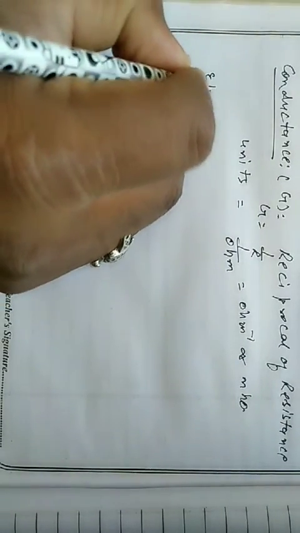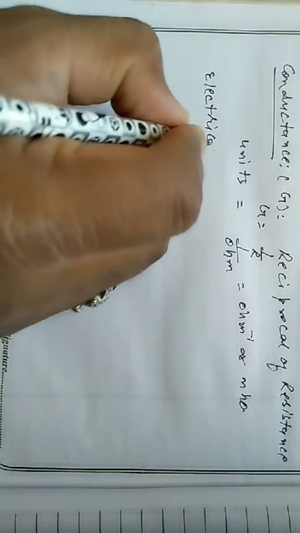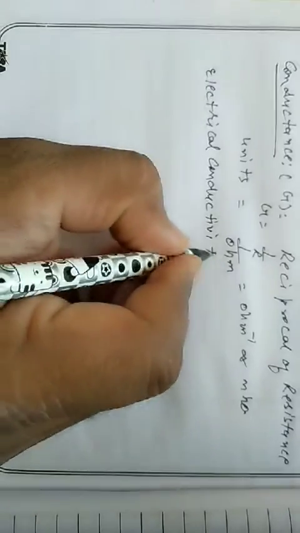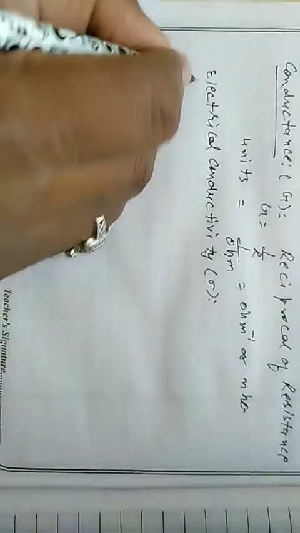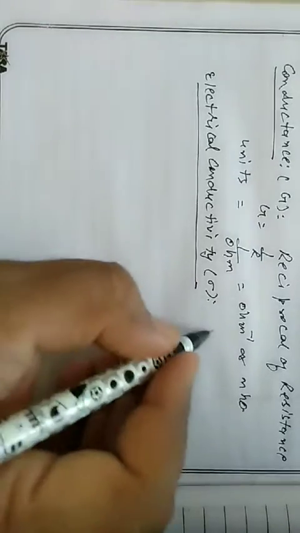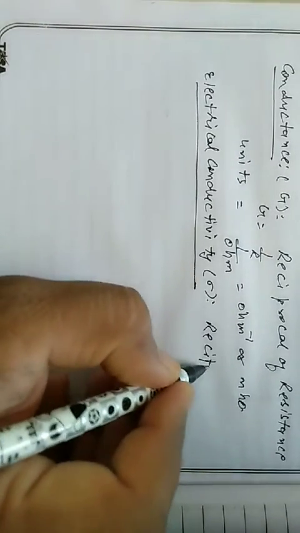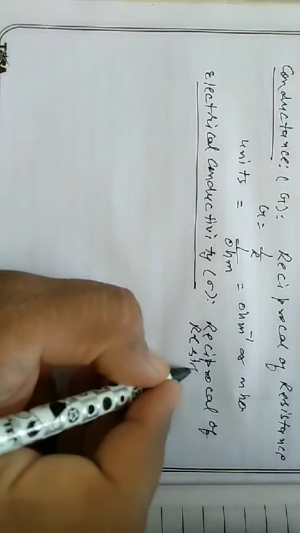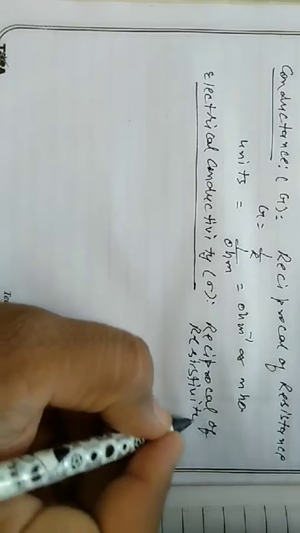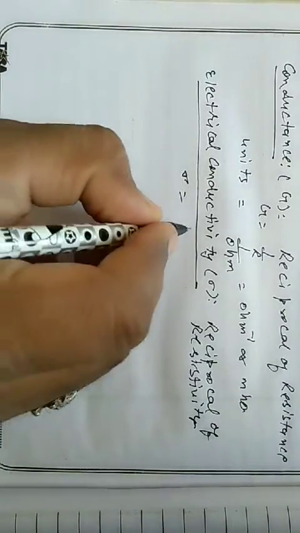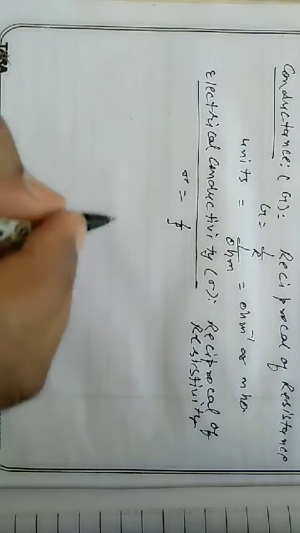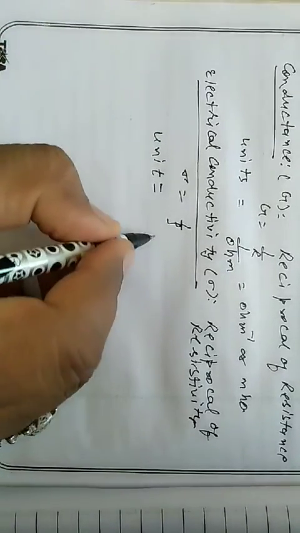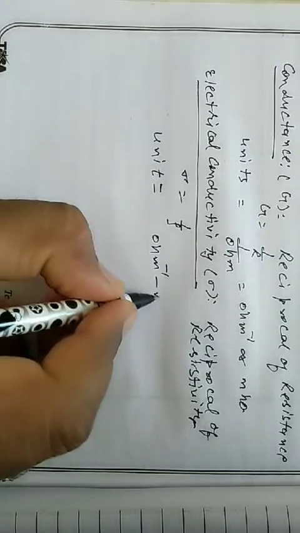Next topic is electrical conductivity, sigma. It is the reciprocal of resistivity. Therefore, sigma is 1 by rho. The unit of electrical conductivity is per ohm per meter.